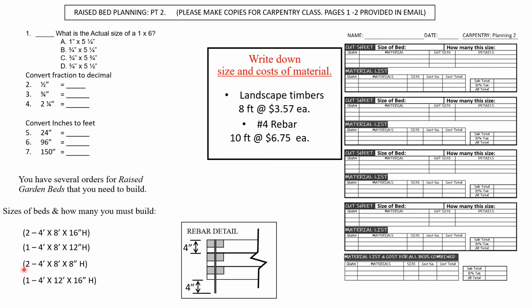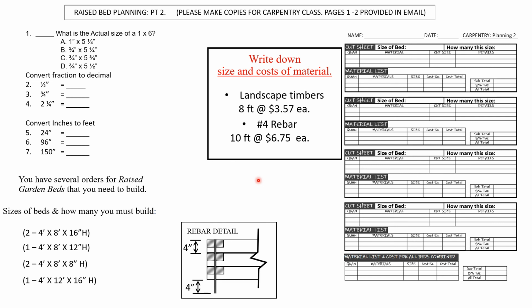In this case, and here, you got more than one. So you would put here where it says how many this size, just put 2. Pretty simple. All right, you got the information you need to fill this out. Make sure you write your name on them, turn them in.